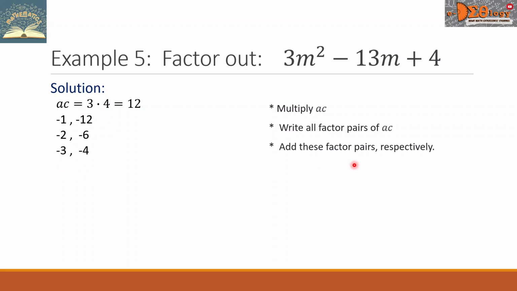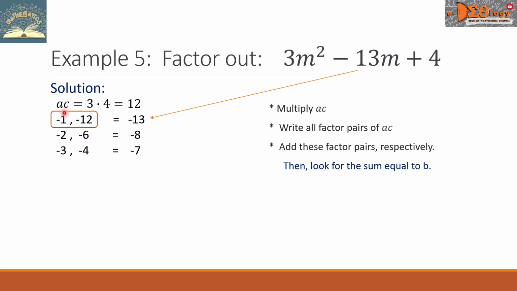Then we add these factor pairs respectively. So we have negative 13, negative 8, negative 7. Then we look for the sum equal to b. We said that this b is the coefficient of the middle term. The negative 13 is here.